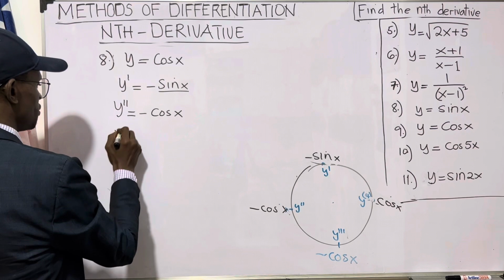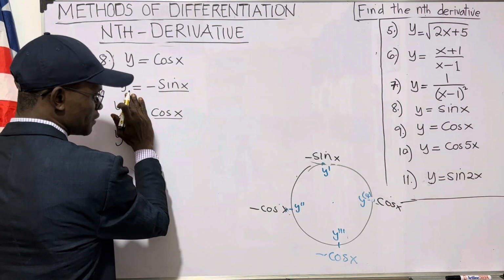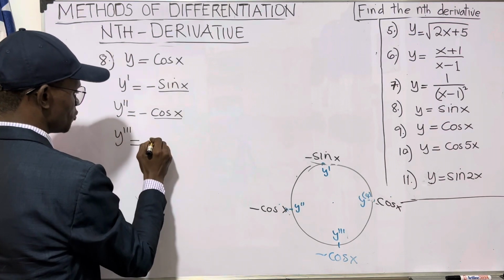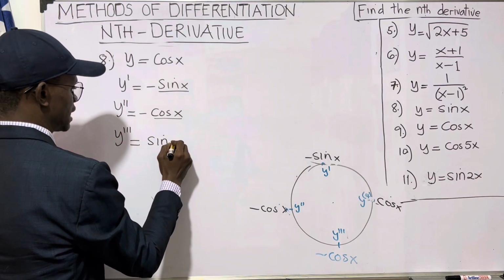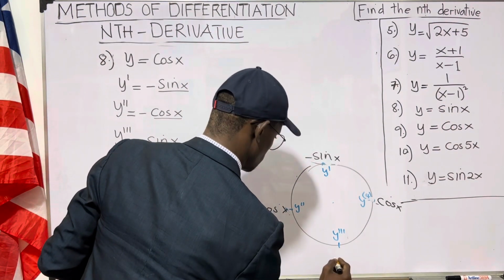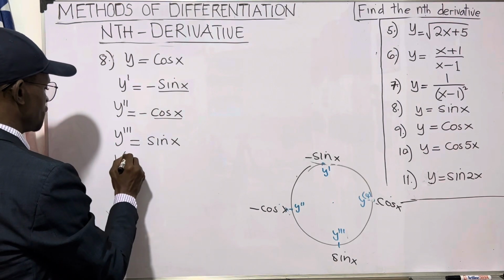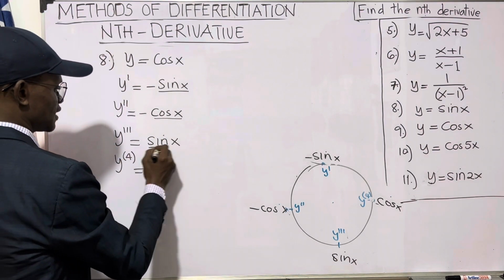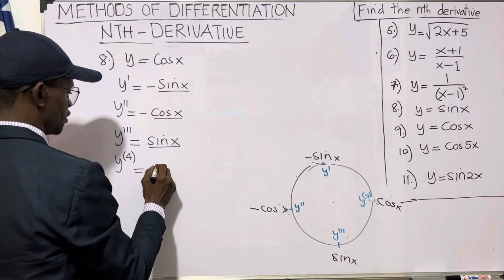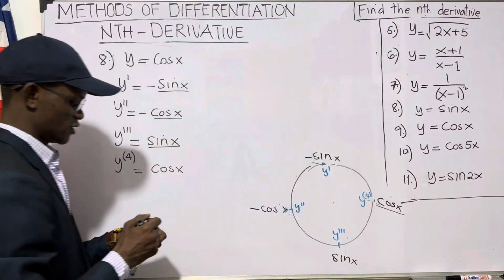And then the third derivative: the derivative of cos of x is negative sine of x, so negative times this negative is positive sine of x. And then the fourth derivative of sine of x gives us cos of x. So we go back to cos of x.